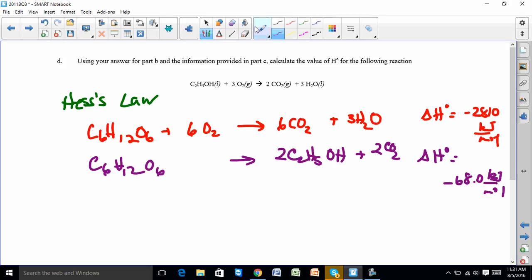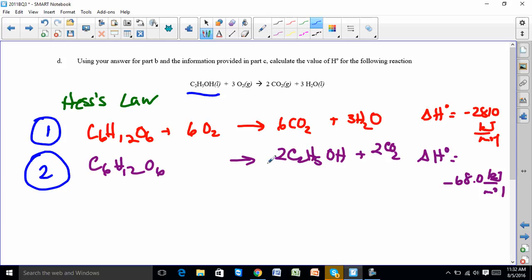And now I'm going to switch to blue. Okay, so now I need to take what I would call equation 1 and equation 2 and rewrite them and see if I can get this. Now, here's what I do first. C2H5OH, I need that to be on the left. Down here, it's on the right. So A, it's on the wrong side, and B, the stoichiometry is wrong.